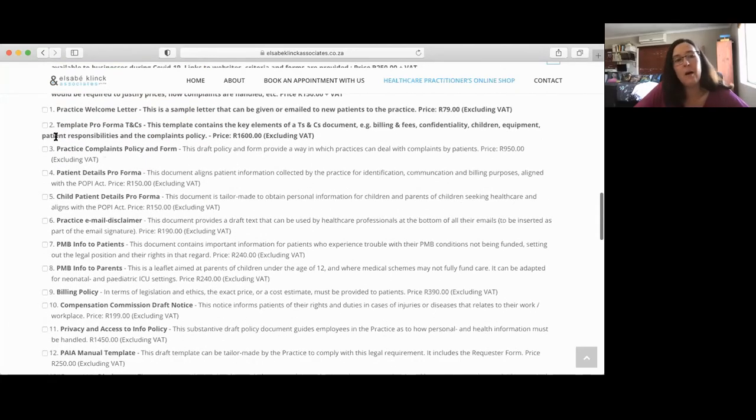And then here are our various documents: the patient details, child patient details, pro forma. There's a practice welcome letter. Not everybody wants it, but sometimes it gives a nice touch for people to say, this is our practice, this is how we do things. For example, we have certain specialist clients who take a minimally invasive approach with procedures, and they say, this is who we are.